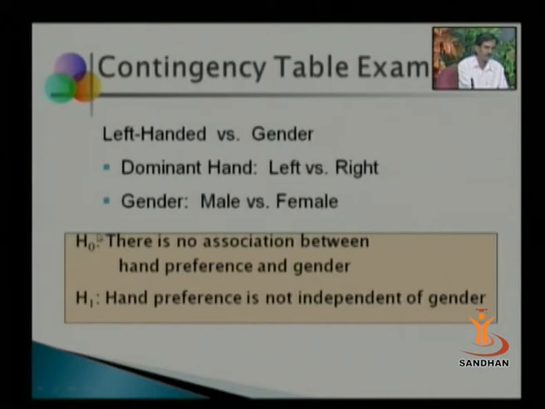In this case, our null hypothesis is that there is no association between hand preference and gender. That means hand preference and gender are independent of each other, against the alternative hypothesis that hand preference is not independent of gender.